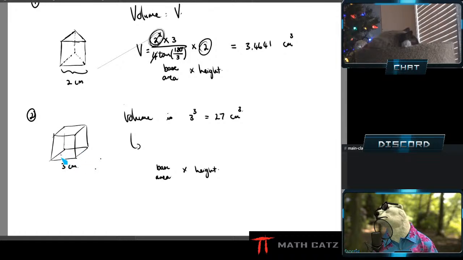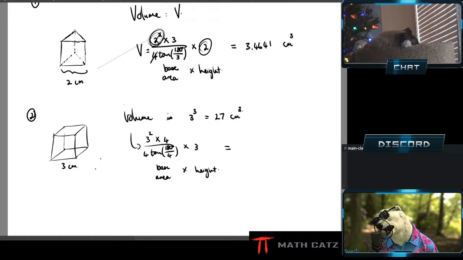The base is a square, a regular quadrilateral: side length squared times number of sides, over 4 tan of 180, I know it's overkill, times the height, which is 3 again. I'll still get to 27. This is not an exception or anything. Calculate the whole thing exactly like that.